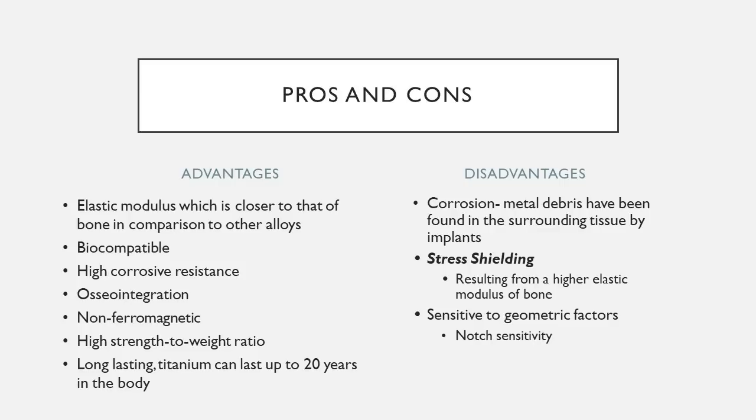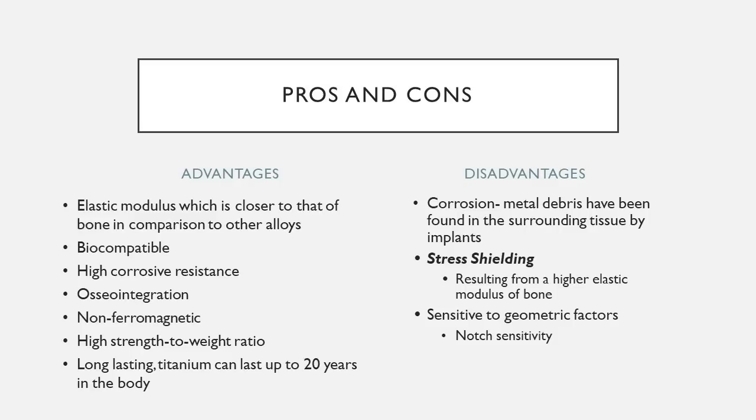So the difference in deformation caused by the difference in elastic modulus is going to create problems at the interface of those two materials. Now, one of titanium's advantages is that it's a lot closer than other alloys to the elastic modulus of bone, so it's great in orthopedic applications, but still this phenomenon, which is described as stress shielding, is one of the disadvantages of metals in general.